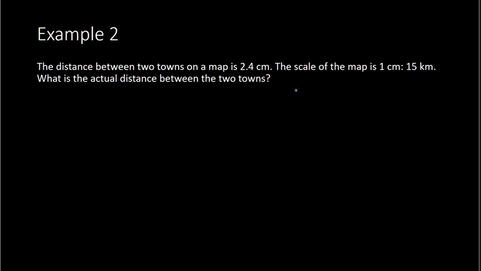So to set this up, I'm going to use the scale of 1 centimeter to 15 kilometers. So write it as a fraction. That scale is going to be true no matter which towns I'm looking at on the map. So on the map it says the distance between two towns is 2.4 centimeters.